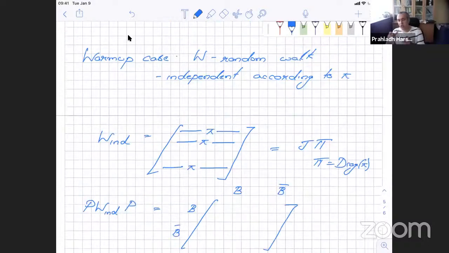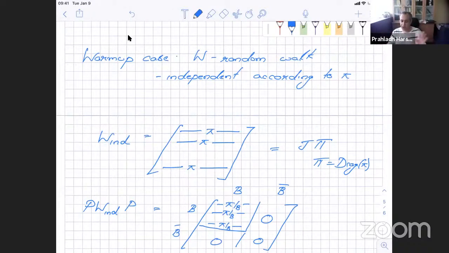The post-multiplication will zero out some columns, the pre-multiplication will zero out some rows. So what you'll just have is pi restricted to B. That's what you'll have in this square part, and 0, 0. It's not the normalized pi restricted. It is just pi on the B part.